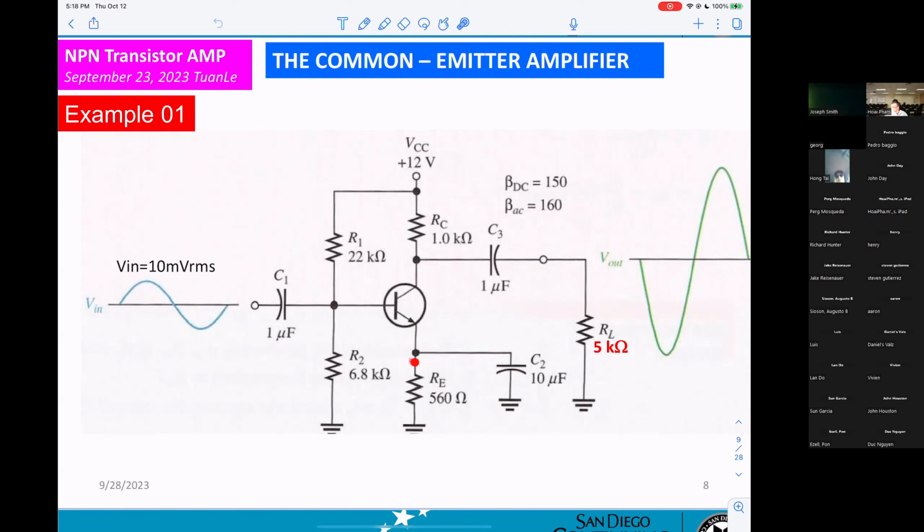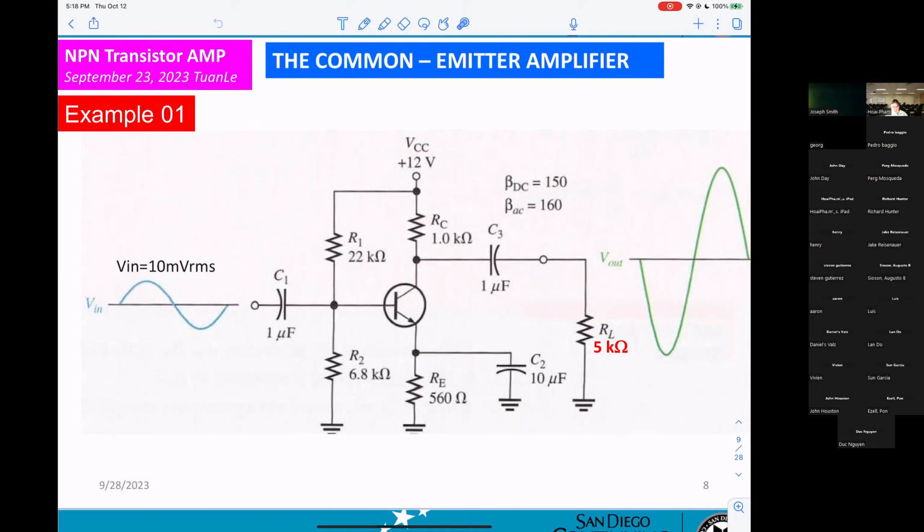So when you measure at this point, you only see the DC. You cannot see any sine wave, because it is shorted to ground. That's what they call a bypass. Now, they can ask you, bypass what? The answer is, for AC, they bypass RE. That means AC cannot go through RE. It is shorted here to ground. So that's why they call it bypass.